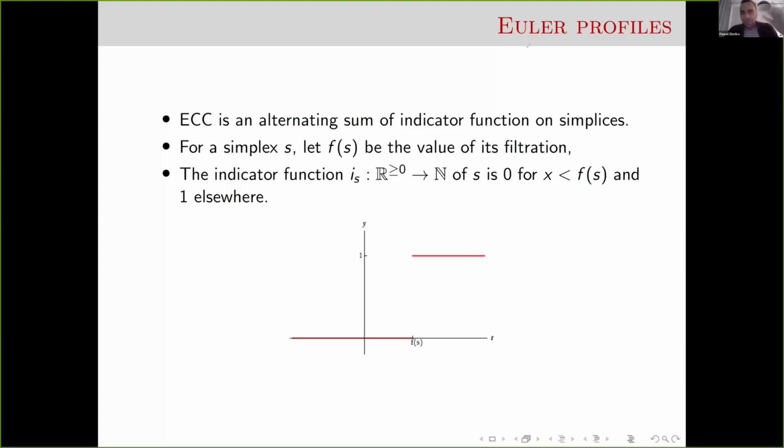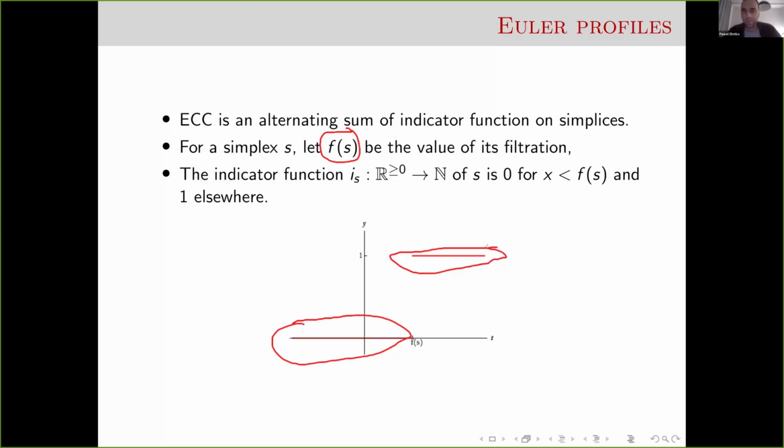What I'm claiming is that it is a sum of indicator functions of simplices. Once we have a simplex S that is born with the filtration value f of s, then the contribution of the simplex S to the Euler characteristic curve is the Heaviside function, which is equal to 0 below the value of the filtration, so the simplex is not present before. But once it enters the filtration, it stays there.